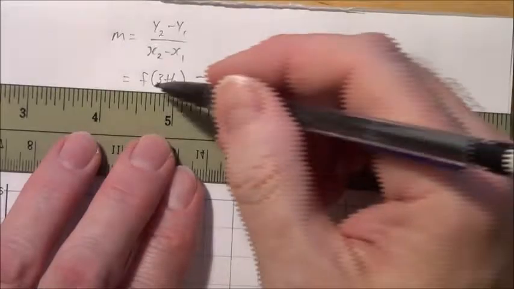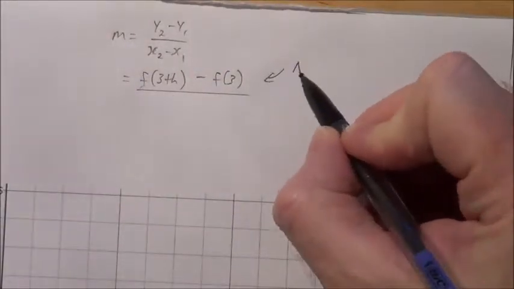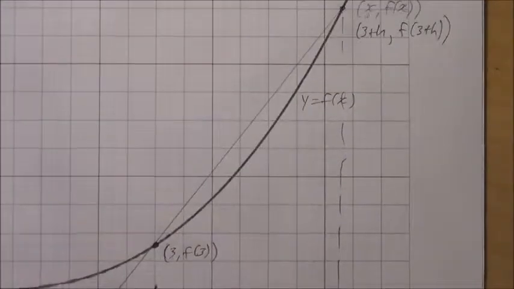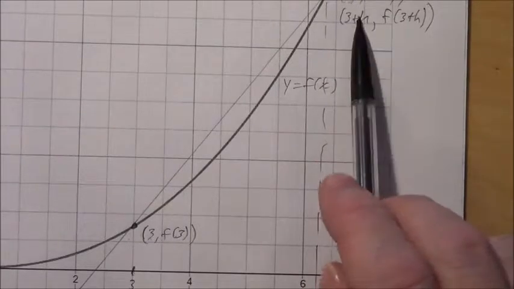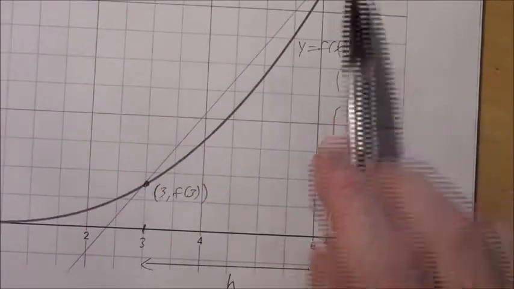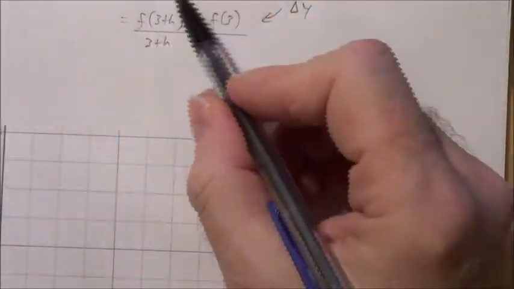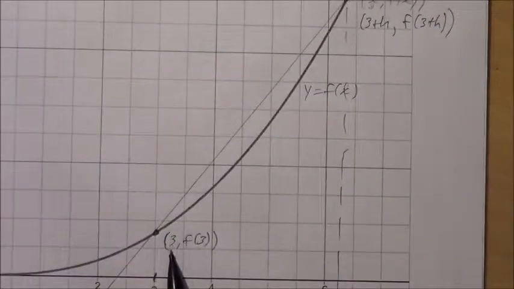That's the delta y, or the y step. For the delta x, the x value is 3 plus h for x2, and x1 is 3.